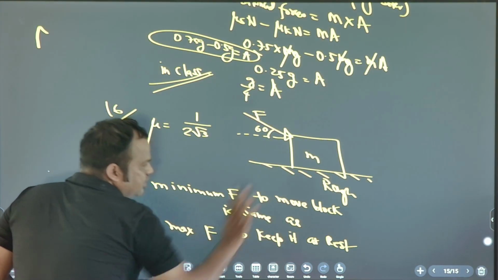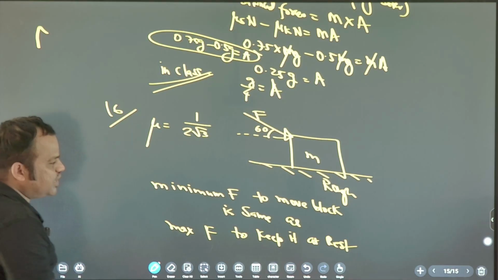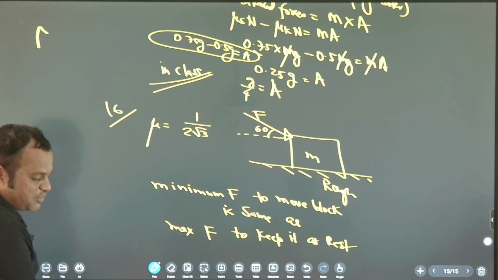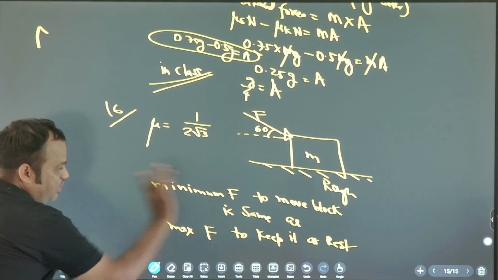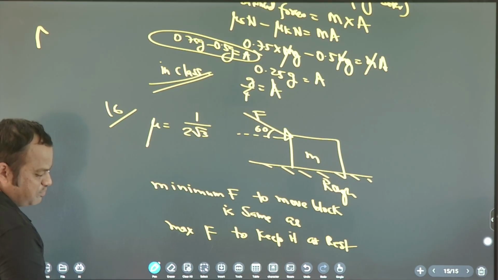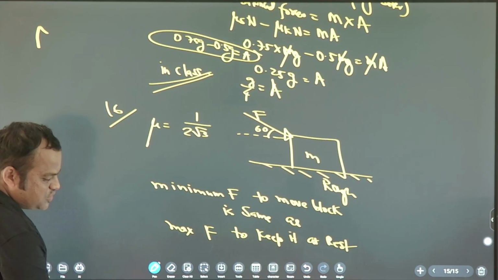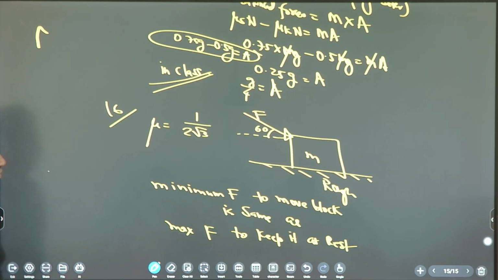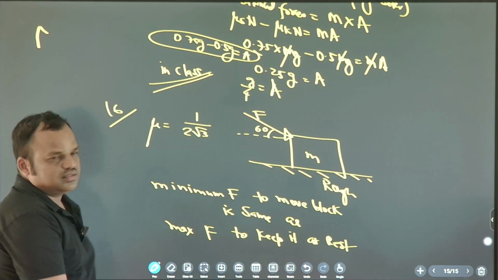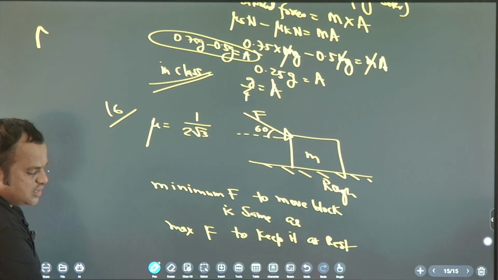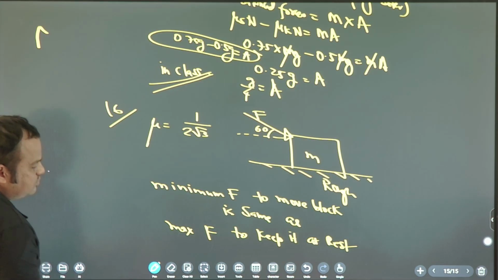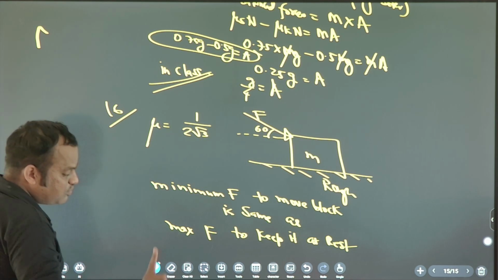Because you want to move it. But suppose I want to keep it at rest. So maximum how much can I exert? Maximum is 3. Less than 3 means 2 Newton, 1 Newton, 0.5 Newton, it is not moving. 2.75 Newton I am exerting, not moving. 3 Newton also not moving.